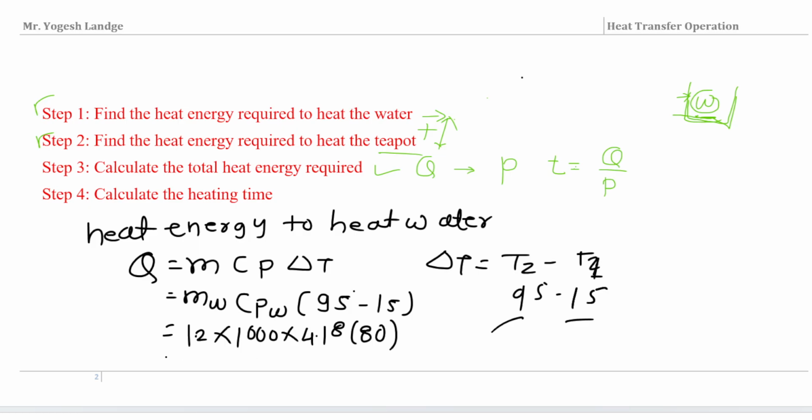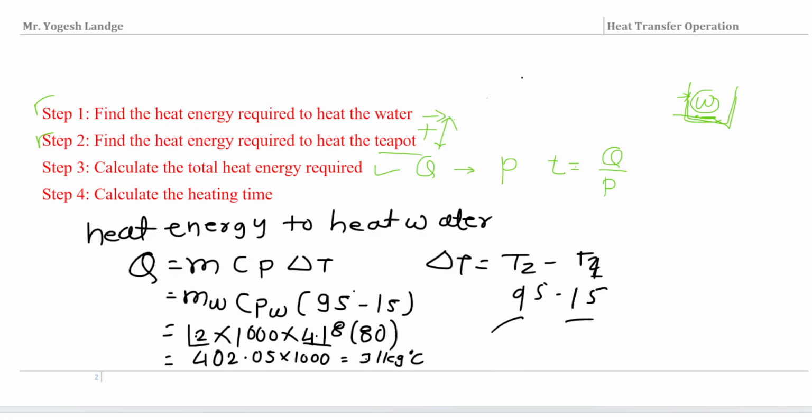Once we do these calculations we get the answer. The Q value is around 402.05, into 1000. We multiply by 1000, so it comes in joule per kg degree Celsius.